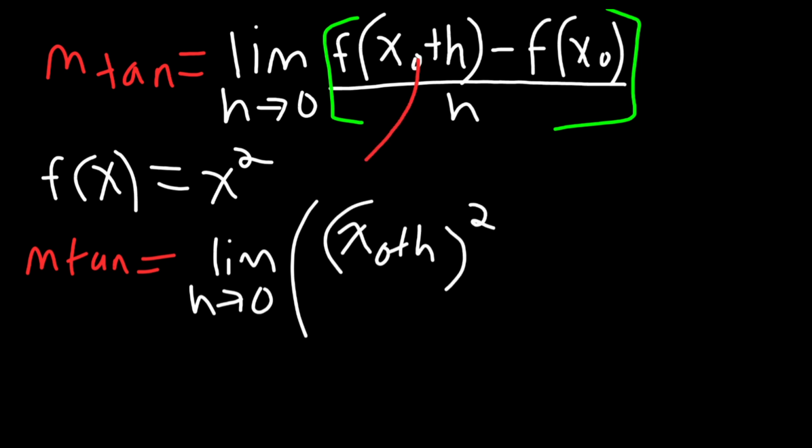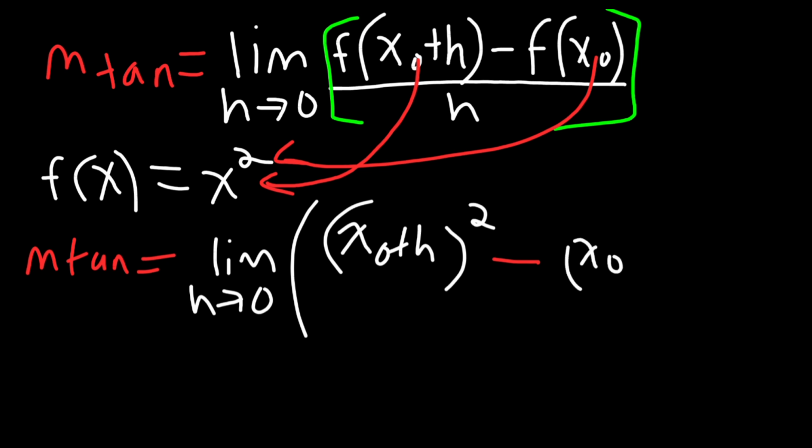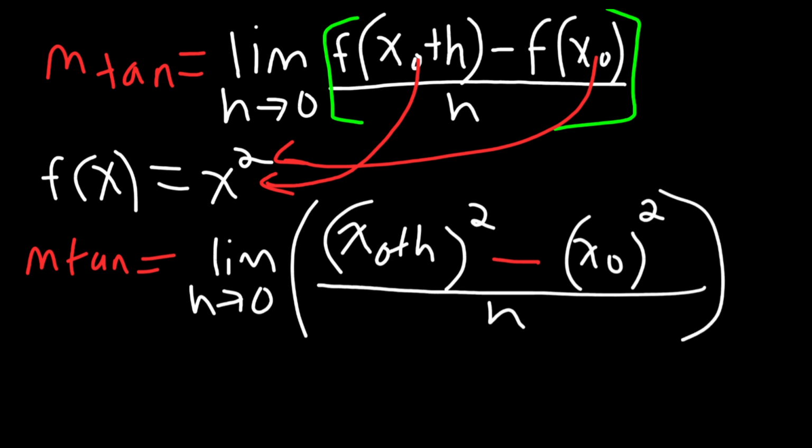We took this as our x value and put it in and substituted, and we're going to do the same thing here, which is going to give us minus x naught squared, all divided by h. That does not change. And there is our function.